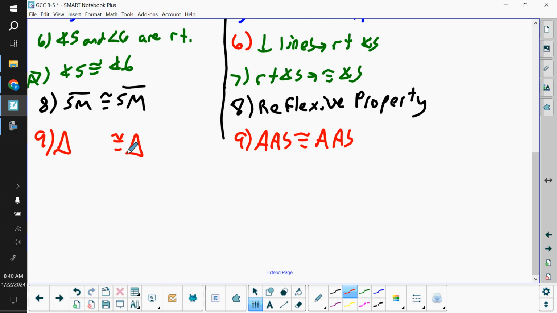When we name our triangles, you name the first thing anything you want. So I'm going to go with RMS.